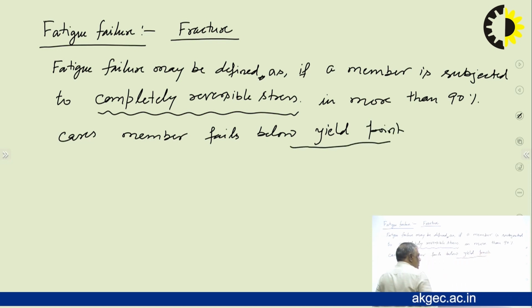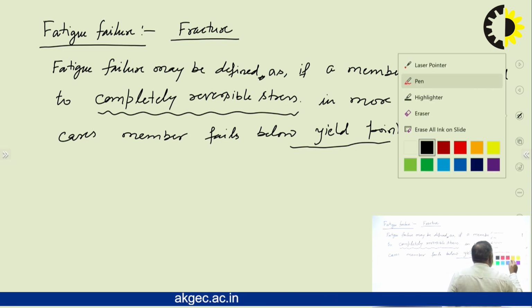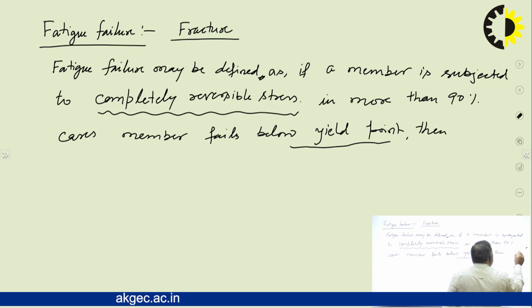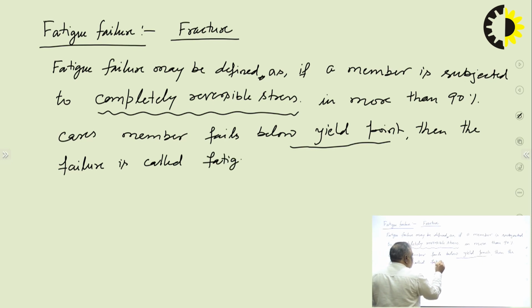This is also to understand, below yield point. Then the failure is called fatigue failure, or the member is under fatigue failure.